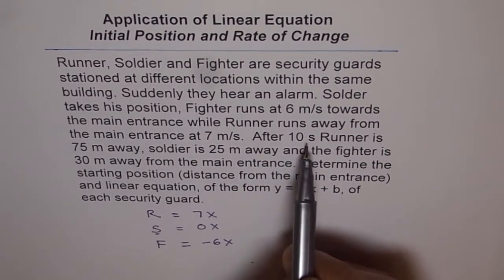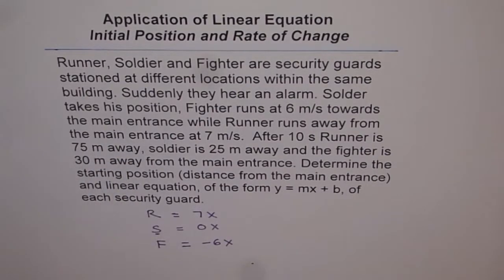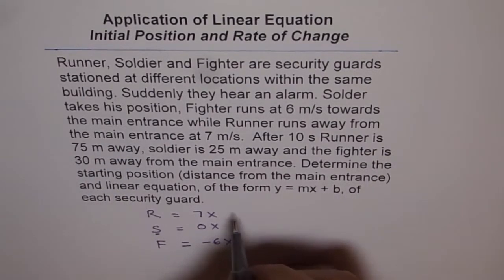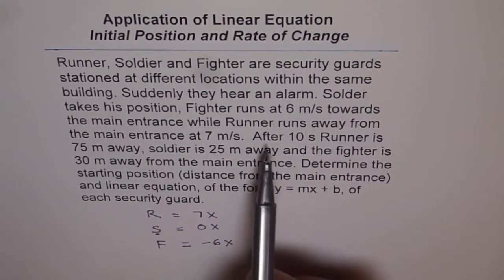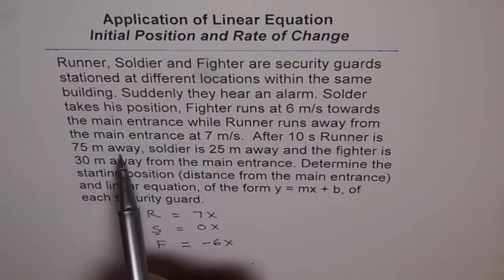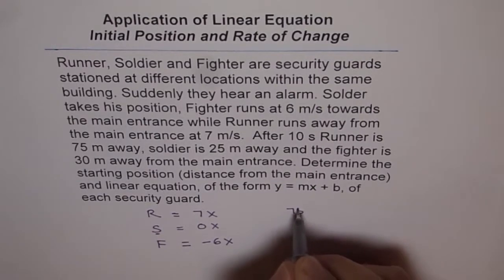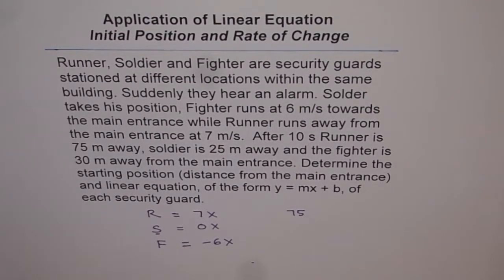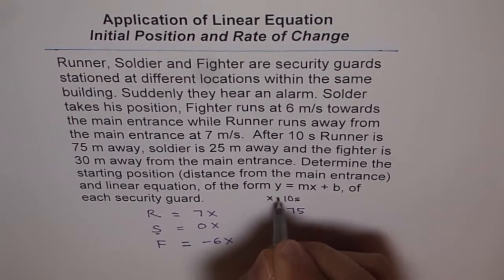After 10 seconds, runner is 75 meters away. So we don't know their initial positions, right? But we know their positions after 10 seconds. So we'll write here, after 10 seconds, let's say t or x equals 10 seconds.